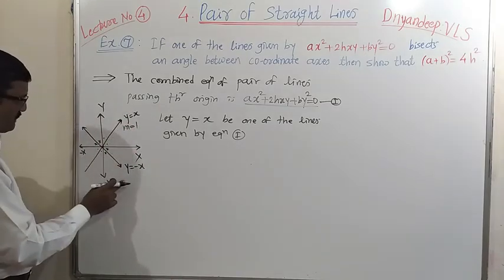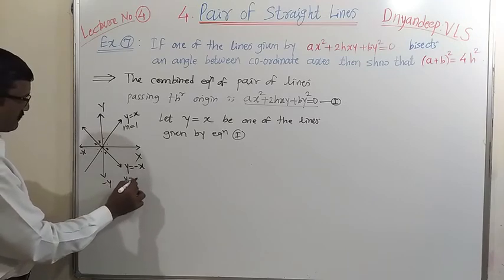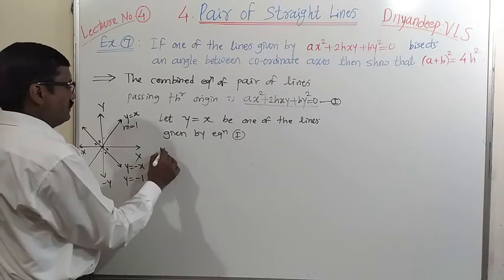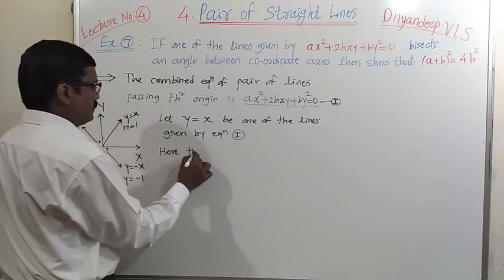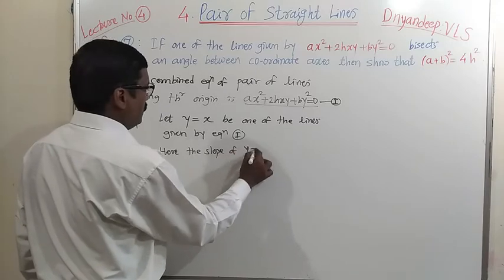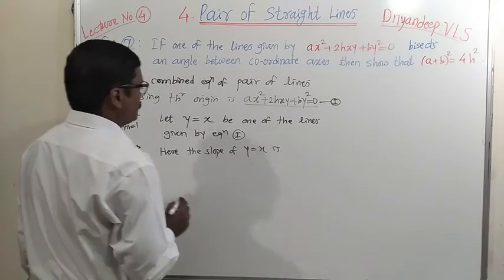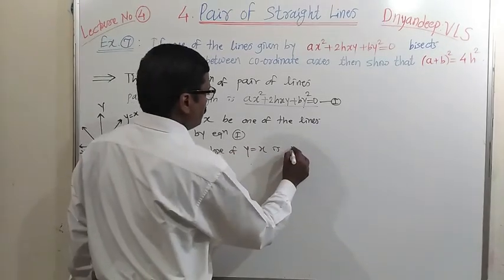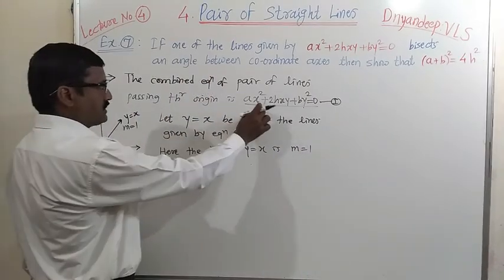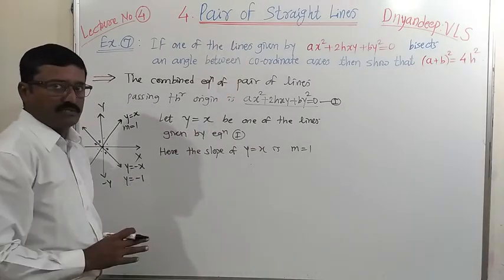If you choose the other line, then its slope is minus 1. Here the slope of y equal to x is 1, m equal to 1. Or in another way, you can put y equal to x in this equation, you will get the same result.